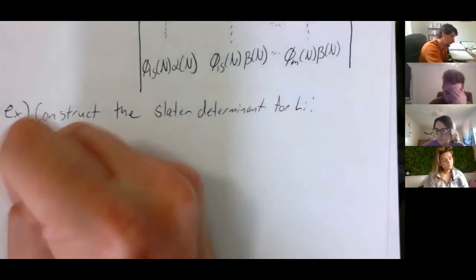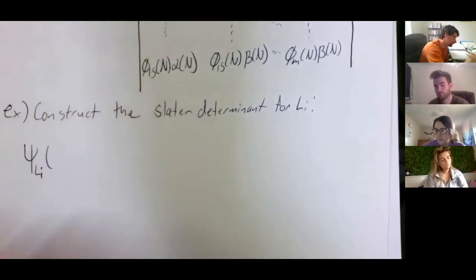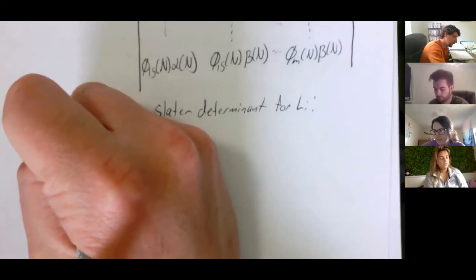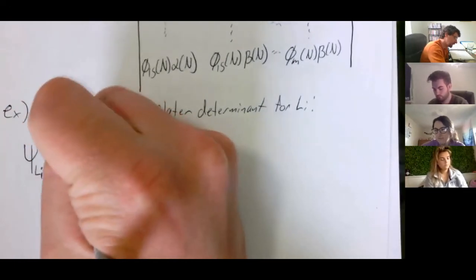Okay, how many electrons does lithium have again? 3. Yep. So we're going to have 3 coordinates, 1, 2, 3.